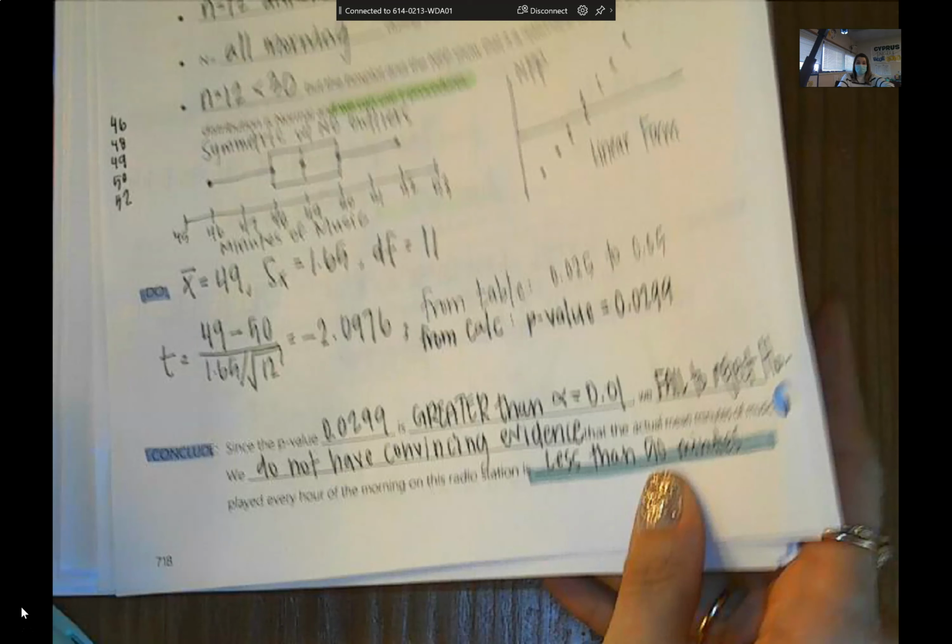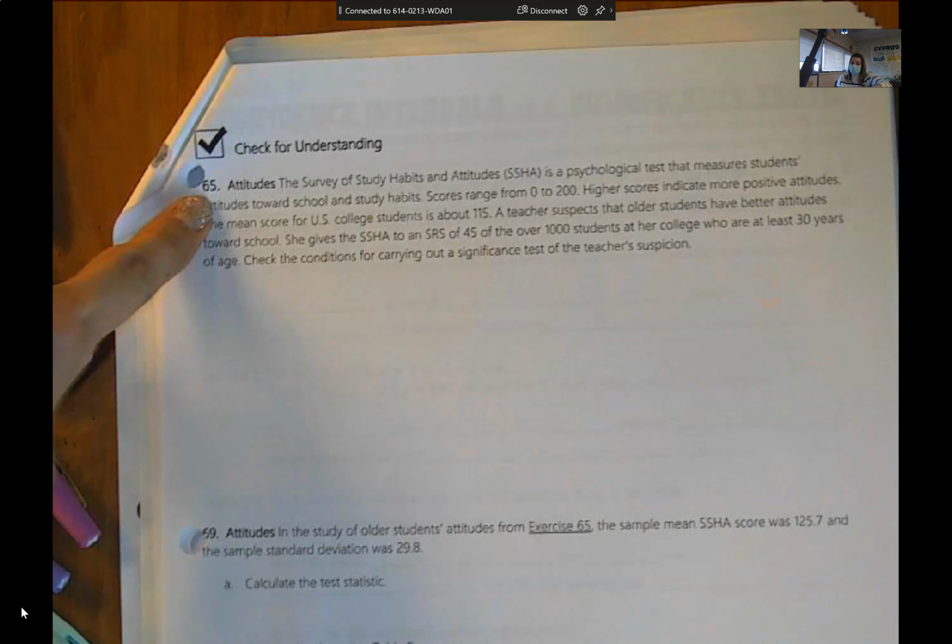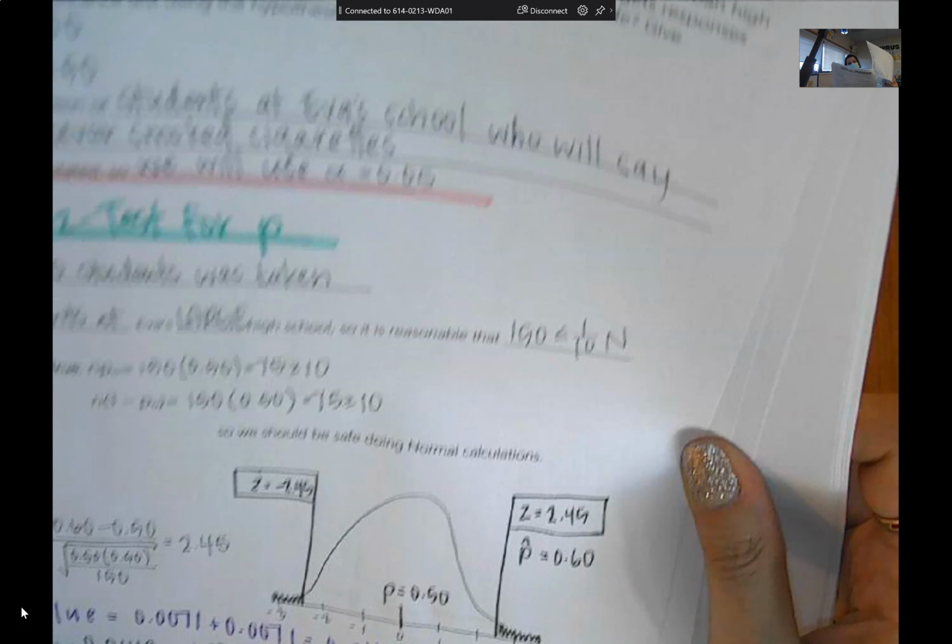So for your check for understanding, this attitudes problem is this part where we checked just the conditions. Then it goes down and has you find the test statistic. So that's what we did. Where did we do that?